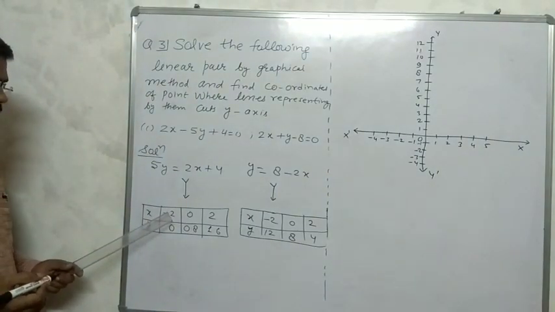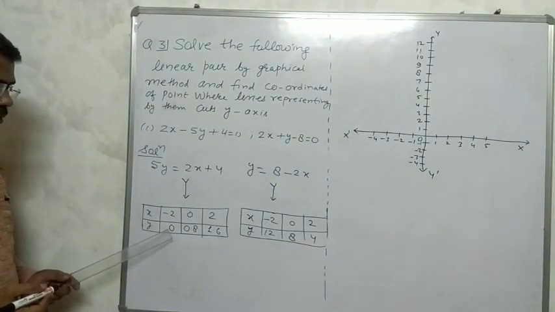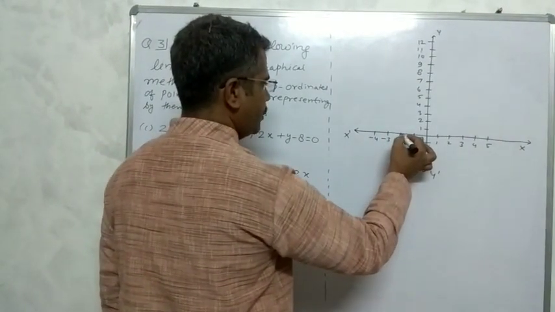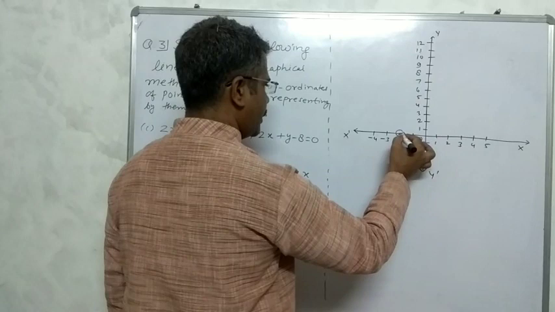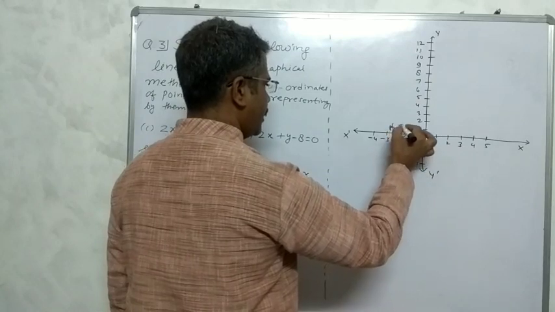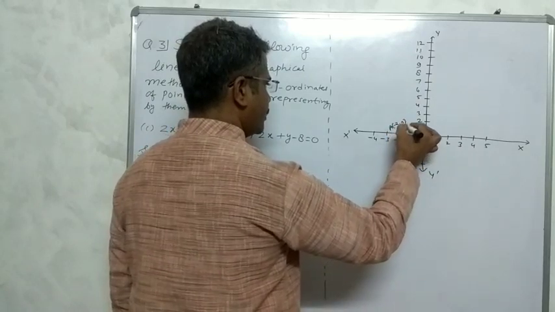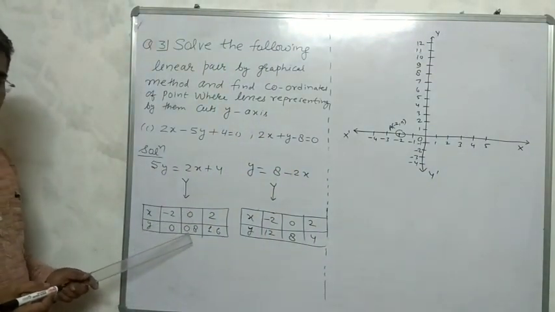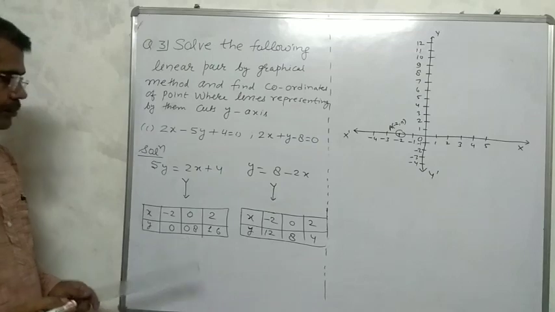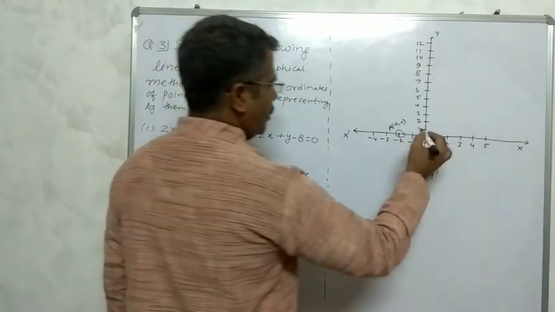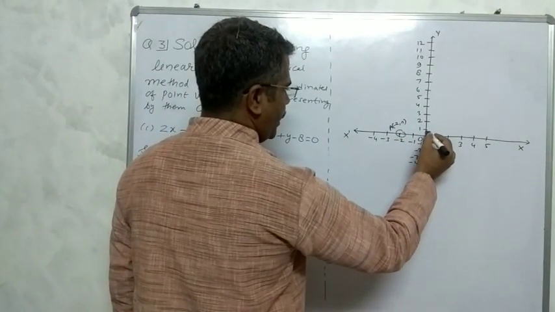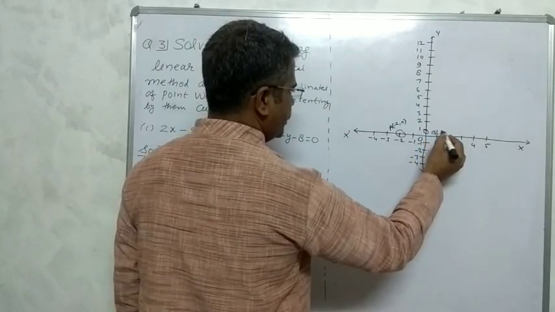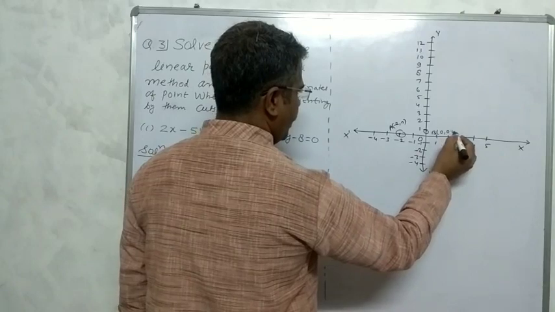We first represent the point minus 2 comma 0. Minus 2 here and 0 here, and we say that it is A, minus 2 comma 0. Then 0 comma 0.8, we take 0.8 here, say B, point 0 comma 0.8.